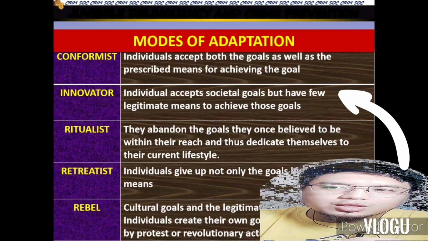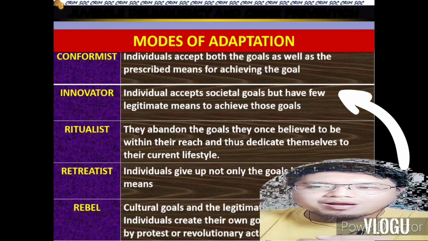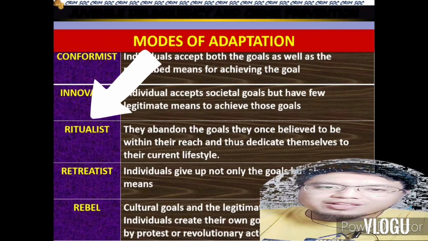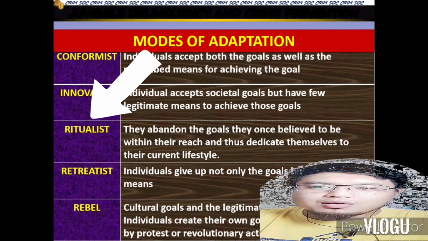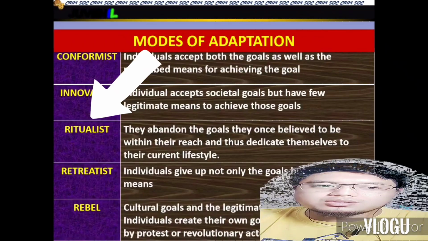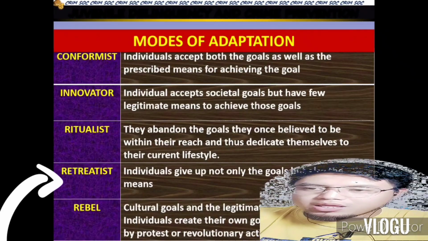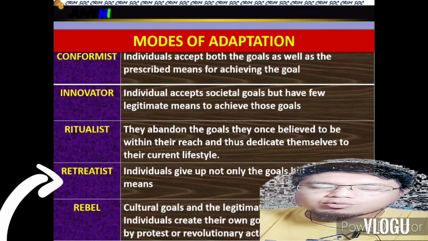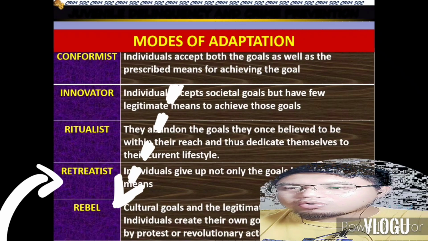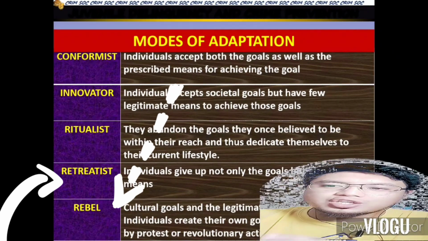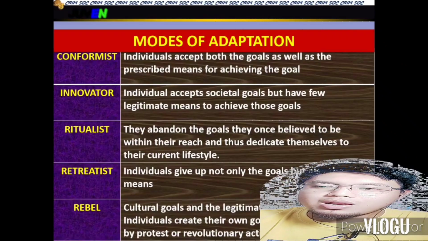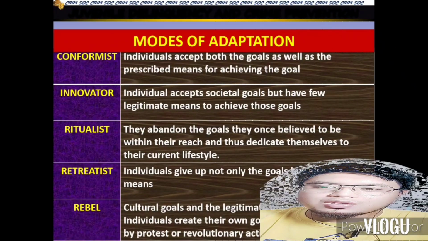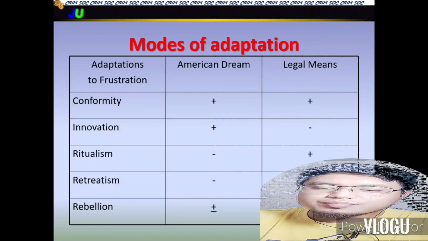I am considered a ritualist if I don't care with regard to the dream, but am dedicated to my current lifestyle. If the individual gives up both the goal and the means, they are a retreatist. And if I am considered a rebel, the cultural goals and legitimate means, I reject them, and I create my own goals, I create my own means. This is considered a rebel.